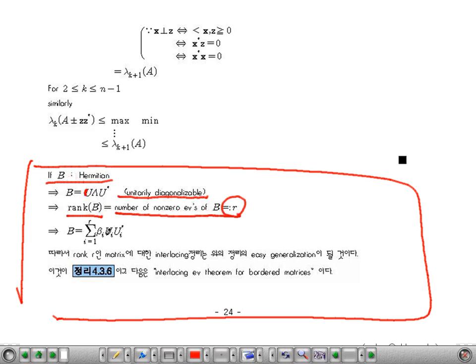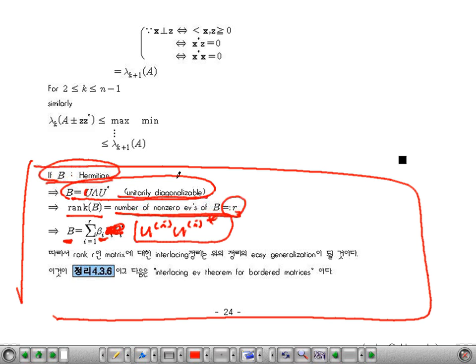Then B can be written as the sum of beta i times u_i, the i-th column, times the conjugate transpose of u_i. Then each is a rank 1 matrix times the scalar beta i. If it's Hermitian, it is unitarily diagonalizable. If it is unitarily diagonalizable, B can be written as a linear combination of rank 1 matrices.